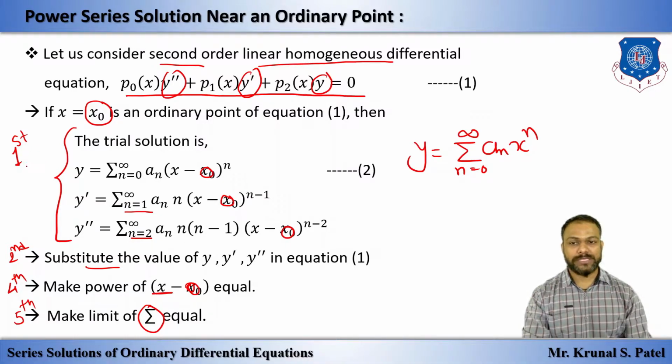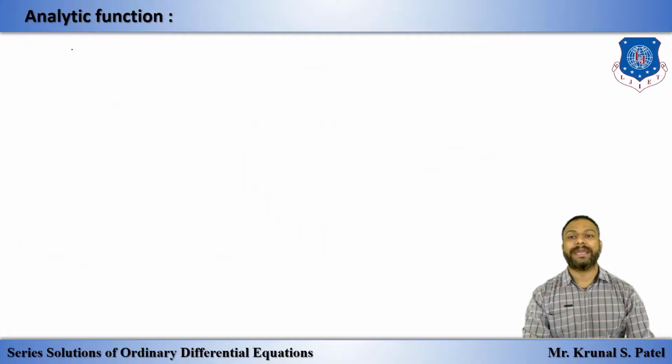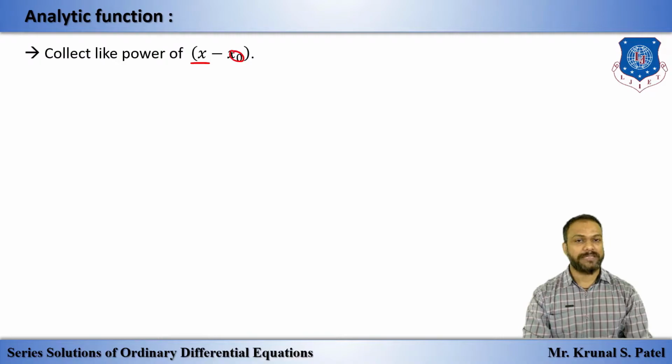So first step is the trial solution. Second step is substitute all these values y dash, y double dash in equation number 1. Third step is simplification. Fourth step is make power of x equal. Fifth step is make limit of sigma equal. Then after making limit of sigma equal, collect the like powers of x, because we have this equal to 0.